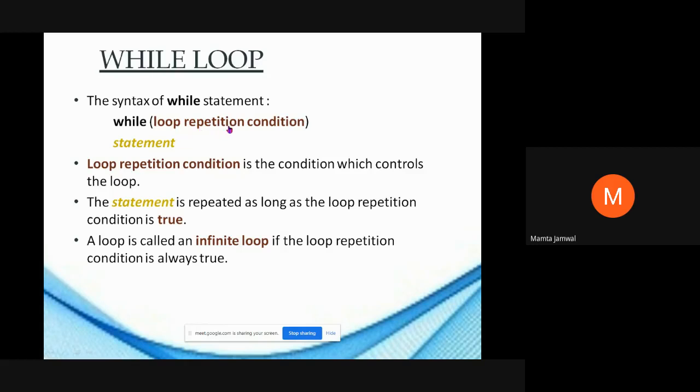Every time the expression is evaluated to true, and every time program control enters the loop. So at the closing point of the loop, again it will go back to check here, again it will enter the loop, again it will go back.